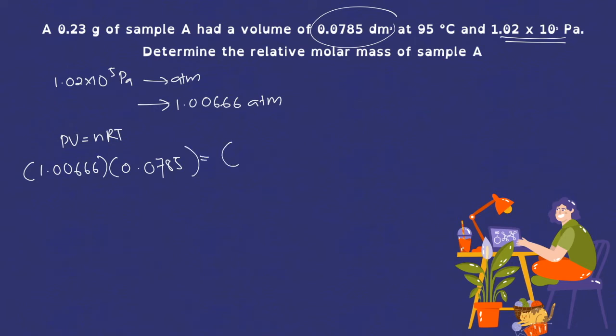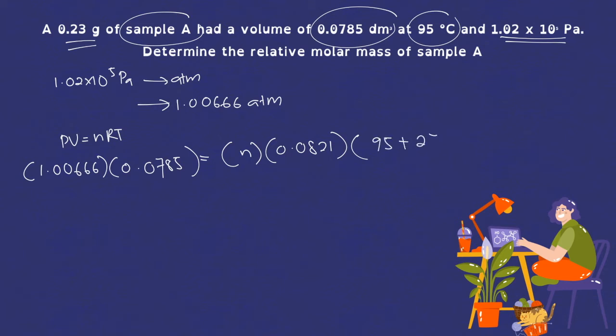Times your n, so you need to find what is n. Because you don't know what it is, it's sample A. So although you have the mass, you couldn't know what is your n. And the R is the gas constant, which is 0.0821. And your T is given in the question, 95 degrees Celsius, you need to convert to Kelvin, plus 273.